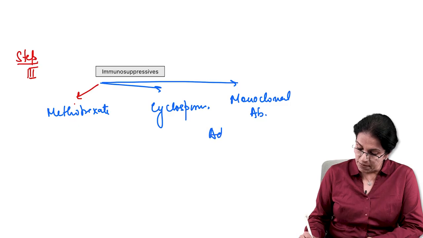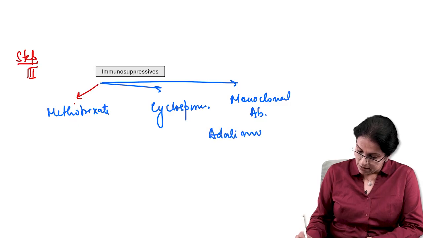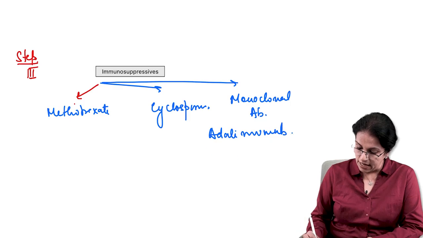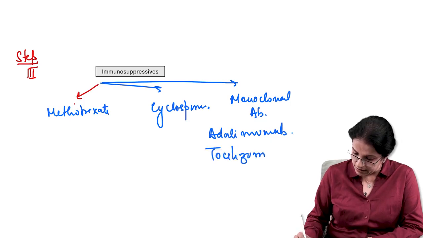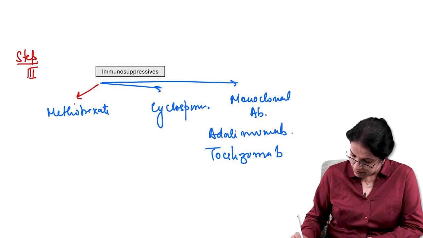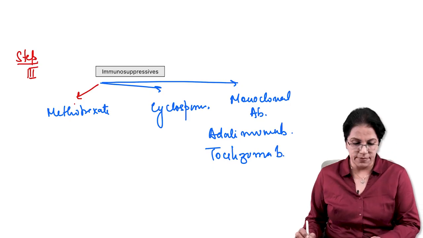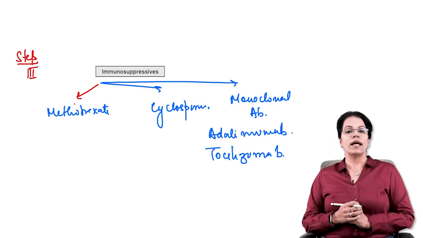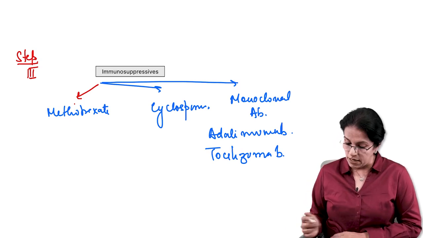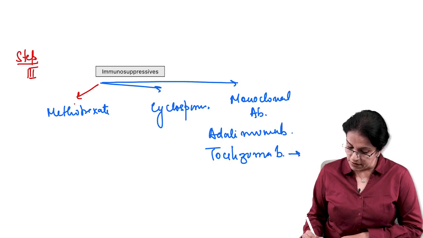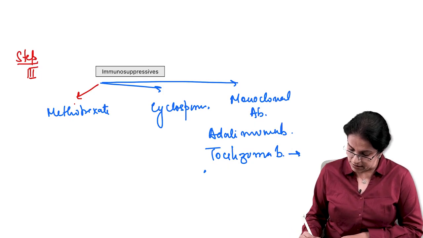One is adalimumab, which we have learned, and tocilizumab. It is a zumab. So, adalimumab or tocilizumab. Tocilizumab is mainly given in children. Just remember this.